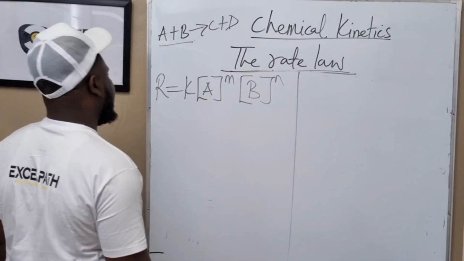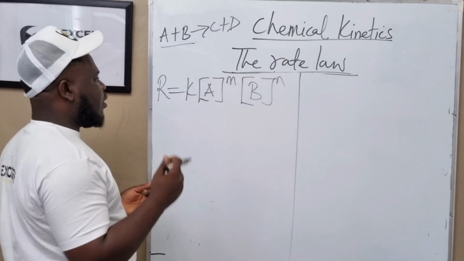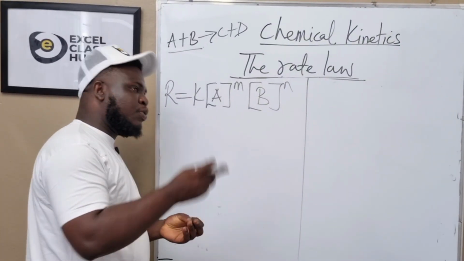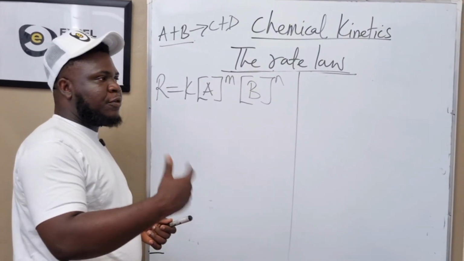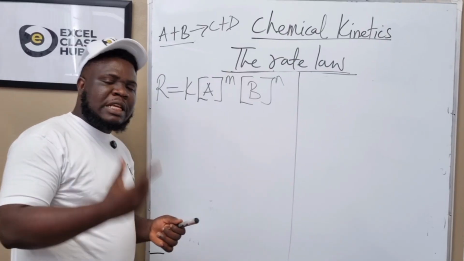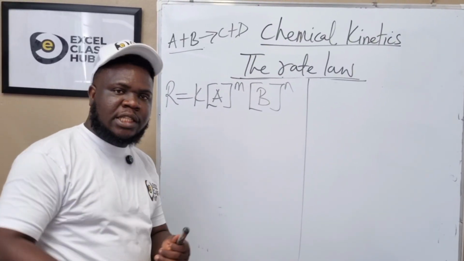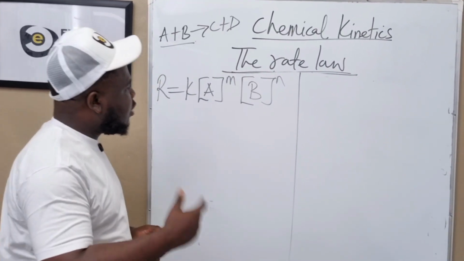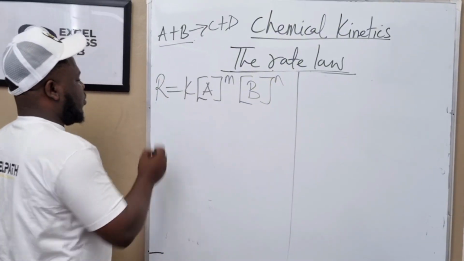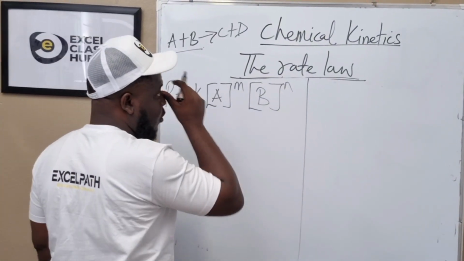Now, the first observation says doubling the concentration of A quadrupled the rate. What's the meaning of quadruple? Quadruple means that the rate was increased 4 times. So let's represent that in the form of a word problem.